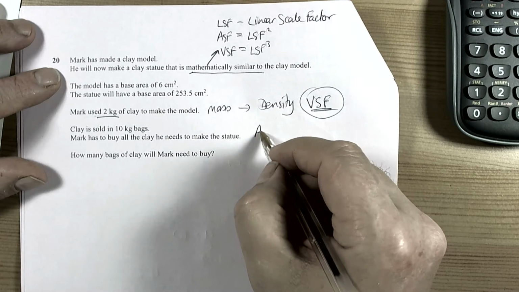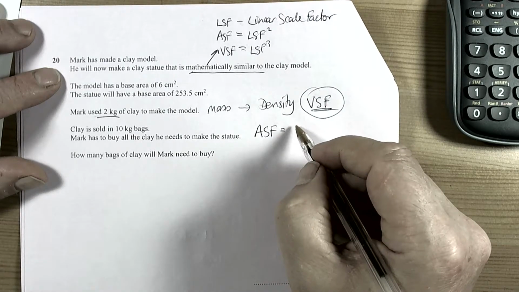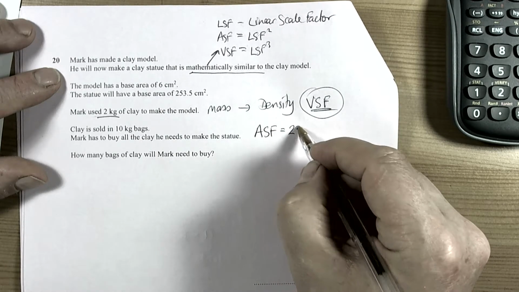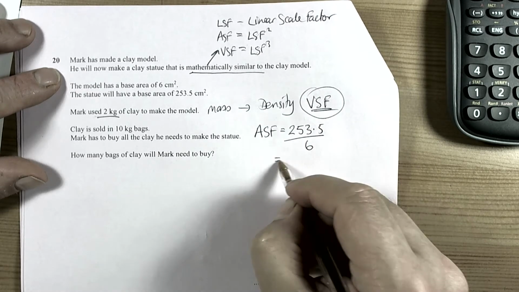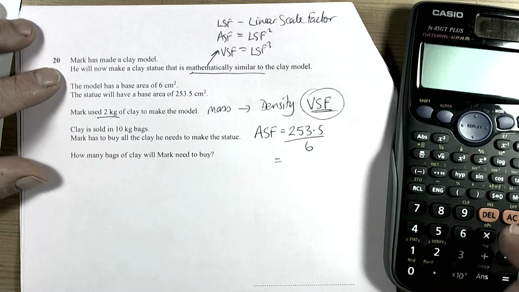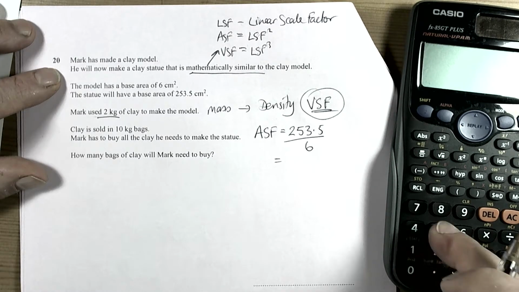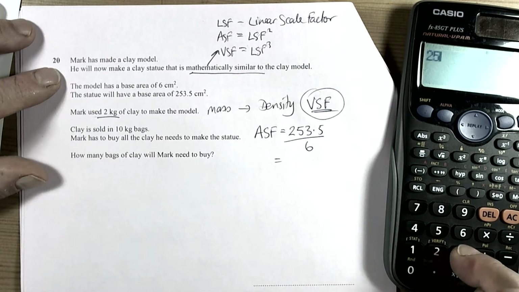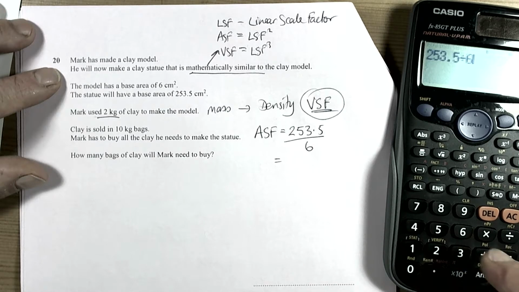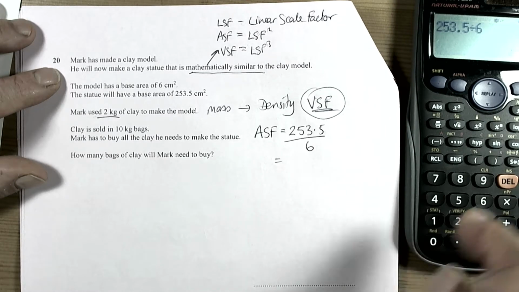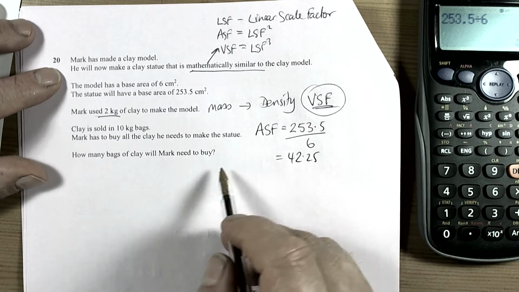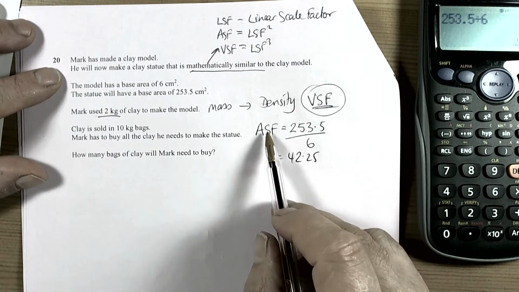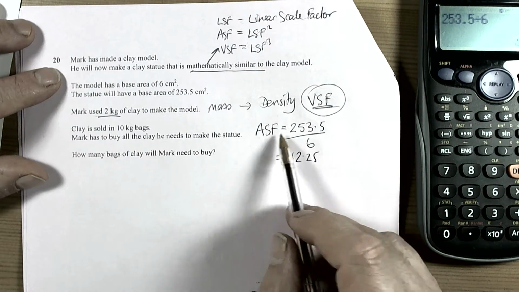So the first thing we're going to do is work out the area scale factor, which will be the new area divided by the old area. So 42.25. We want the volume scale factor, so we'll have to work out the linear scale factor.